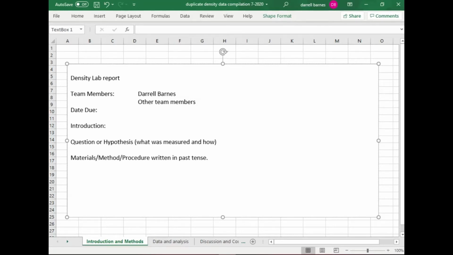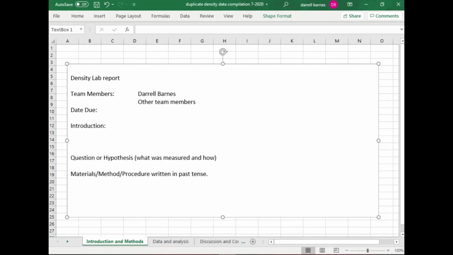All right. Density is a property of matter that relates to its mass and its volume.